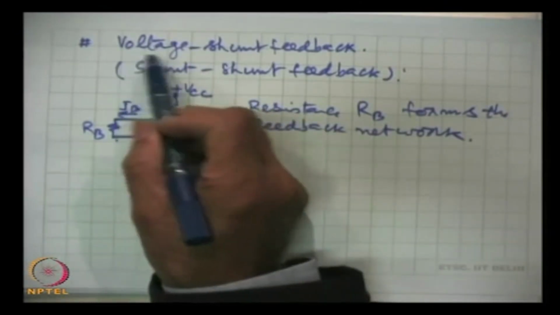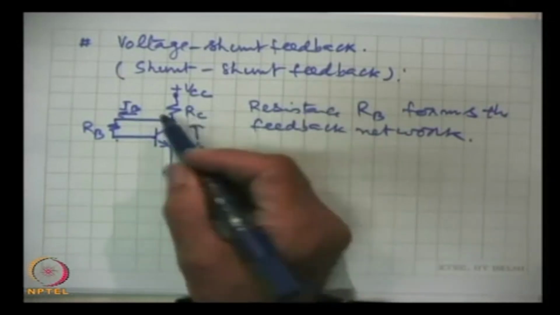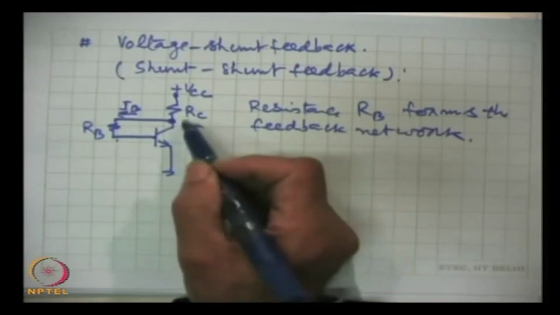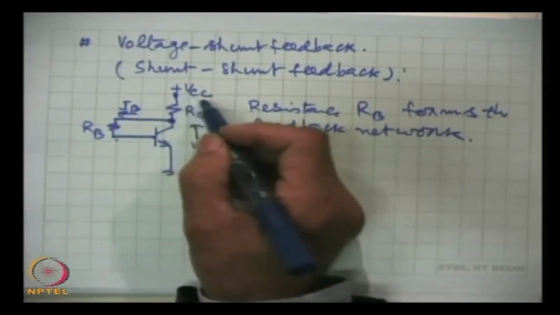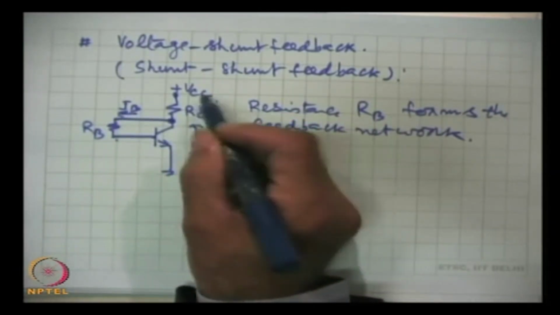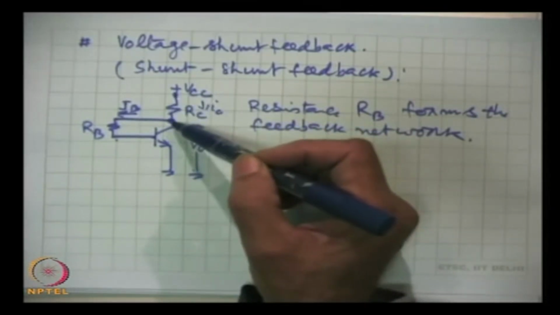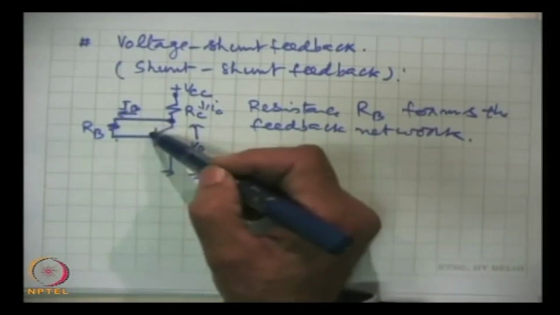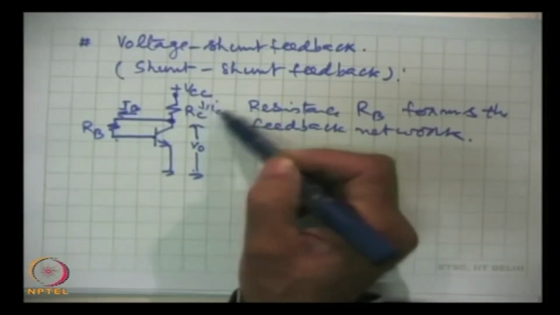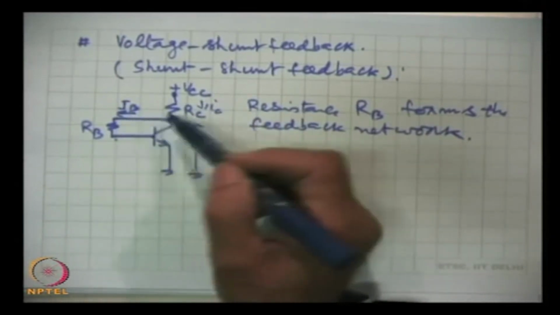That is why voltage shunt feedback. We are sampling the output voltage and that will send the current. If for any reason current IC changes, then drop across this resistance RC will increase and this will fall. It will send lesser current and that rise in current IC will be checked, will be restricted.